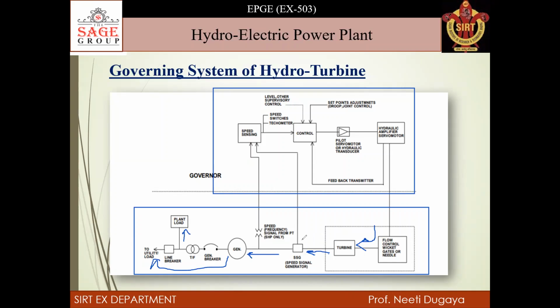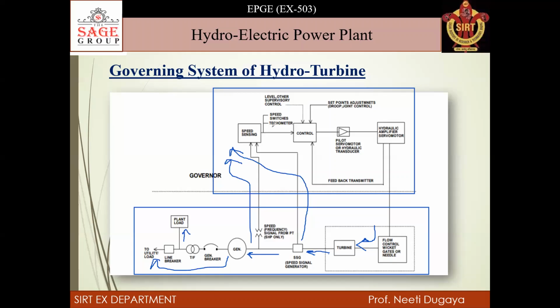Now this speed or generator signal is sent to the speed sensing unit, with the help of a transformer, in two manners. For speed sensing we also have a tachometer arrangement, which senses the speed of the turbine.